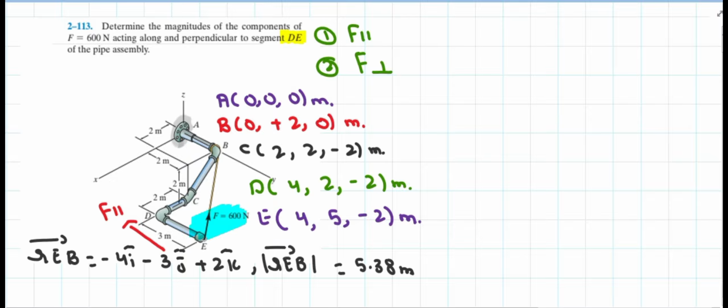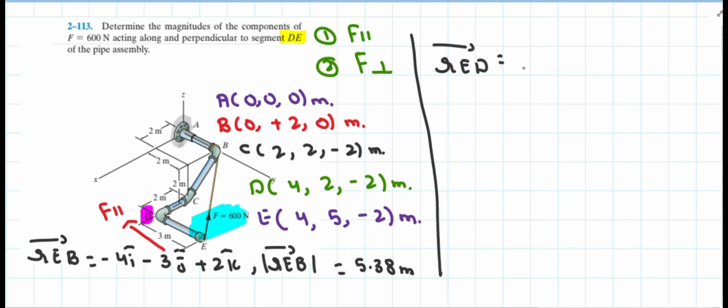And by the help of the diagram, we know that the head of the parallel component of force acting along the DE segment is directed towards the point D. So it means that point D is the final point, and point E is the initial point. So the position vector of this can be written as r_ED, which is equal to r_D minus r_E, instead of r_DE.